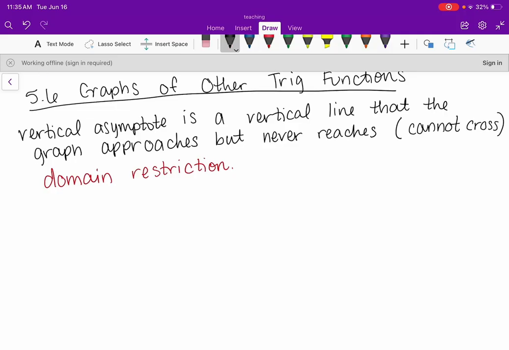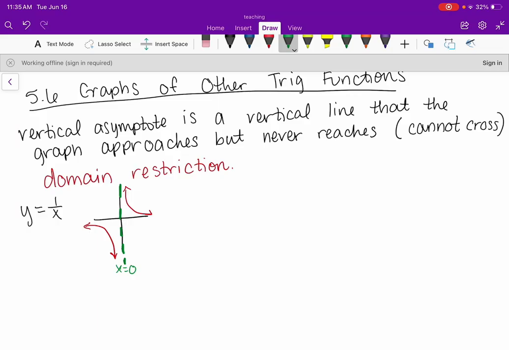If you ever have a rational function, for instance, the function y equals 1 over x, what this graph looks like is like this. And it has a vertical asymptote right here at x equals 0. And it's because the denominator cannot equal 0, because then we have an undefined value. So that's what creates our vertical asymptote.